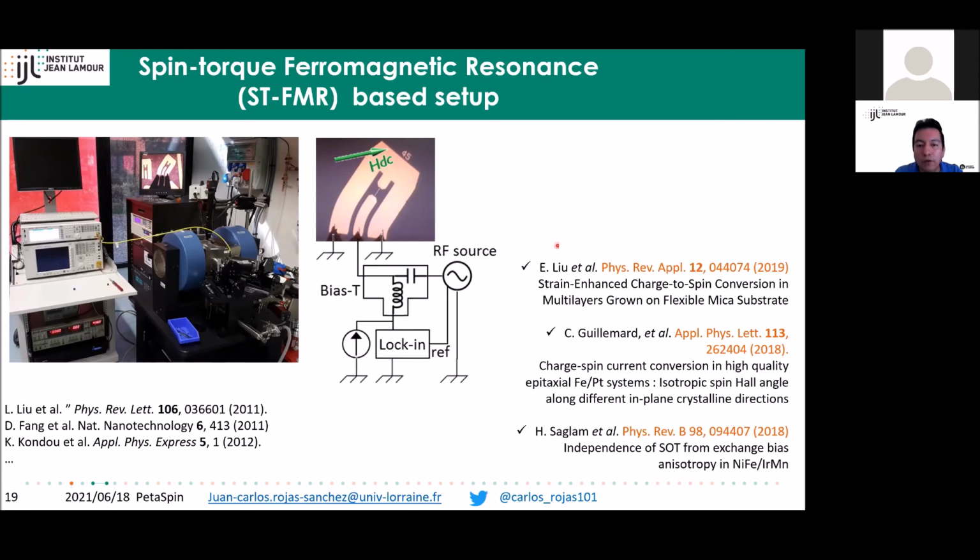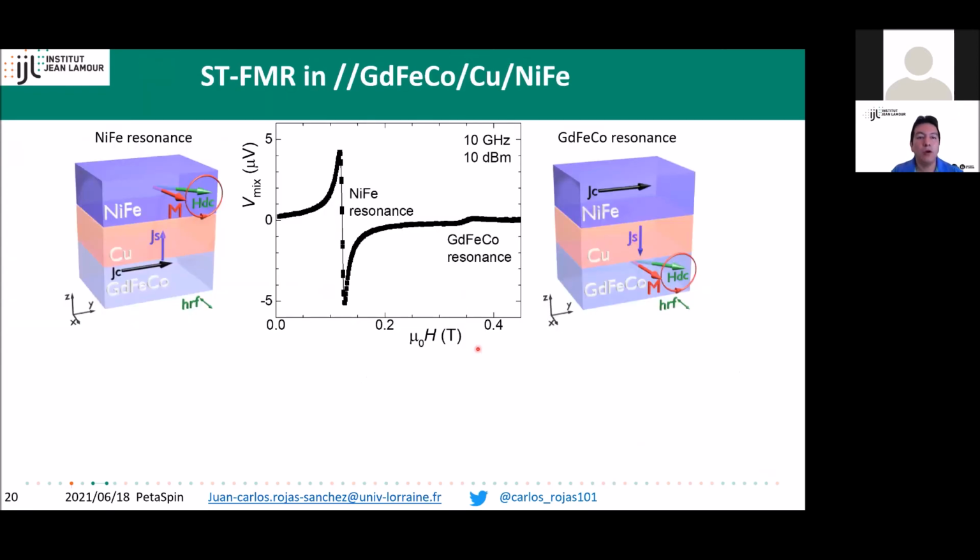And actually, we have shown, using similar techniques, several studies in recent years, for example, in flexible substrate, in highly epitaxial systems, or in this permalloy iridium manganese antiferromagnet. Here, our main system, this three-layer, gadolinium iron cobalt, copper, and permalloy.